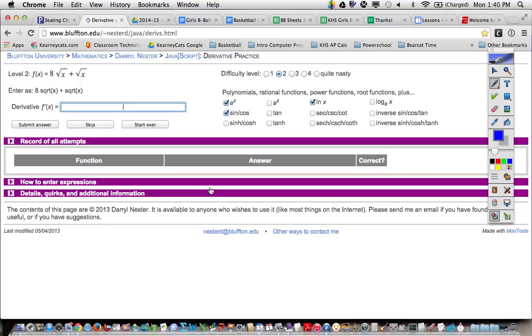Now, you can get different levels. You can get 1, 2, 3, 4, and quite nasty. Now, I would say probably stick with the first 3 levels.